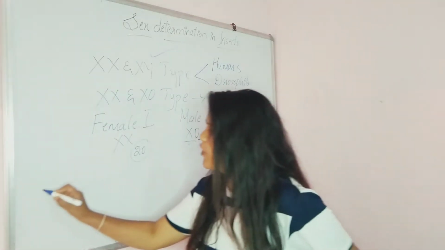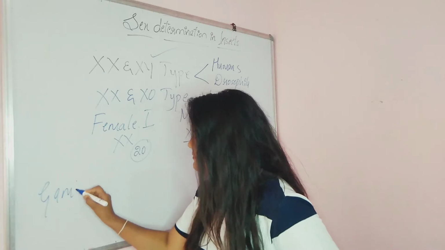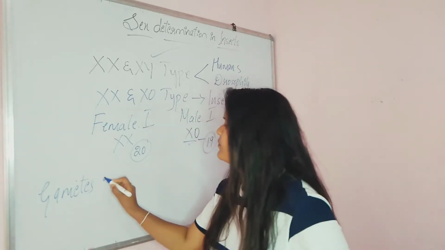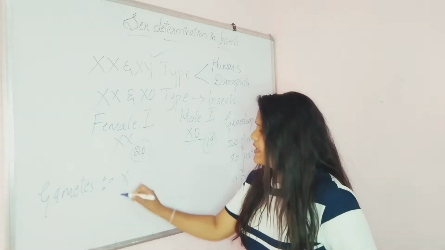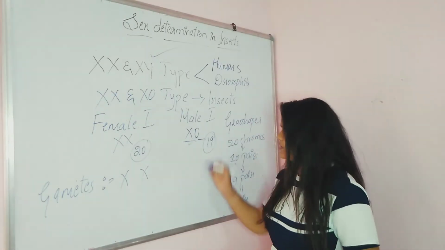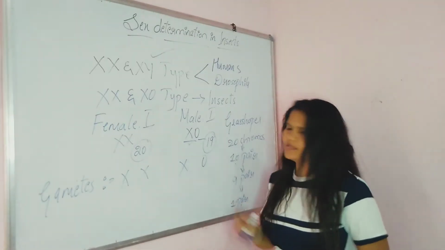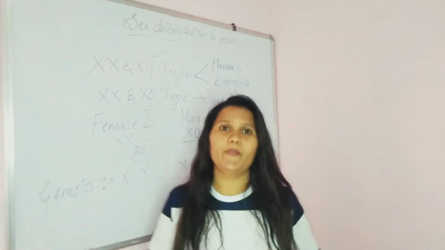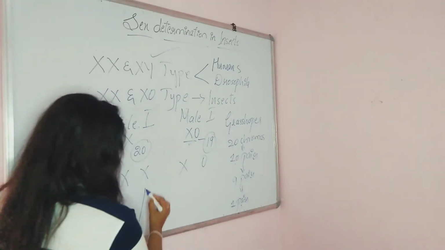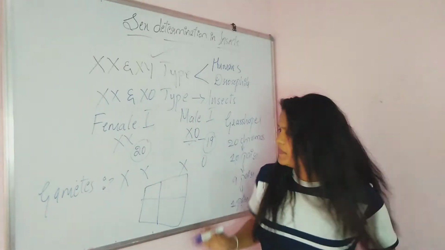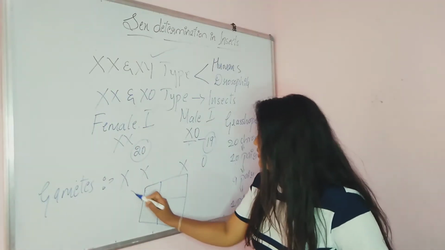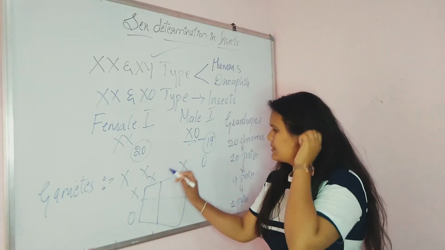Now let's form the gametes. We all know how to do gametes, right? From X and X we get the same, X and X. From the male we get X and 0. Let's put the Punnett square now. Is this visible? Where X0, XX.